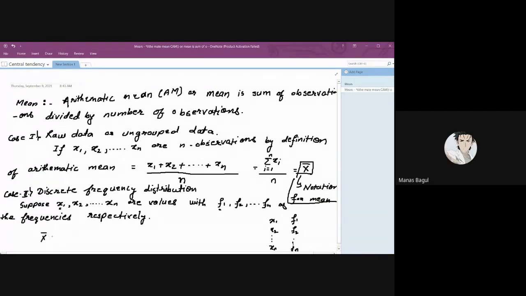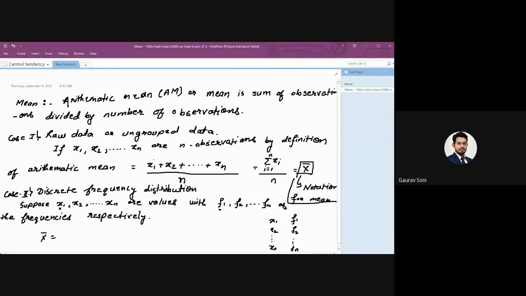So x1 occurs f1 times, so the value of x1 should be taken f1 times. So we take the summation and divide by the number of frequencies. Exactly. So this formula is one and the same as the previous one.